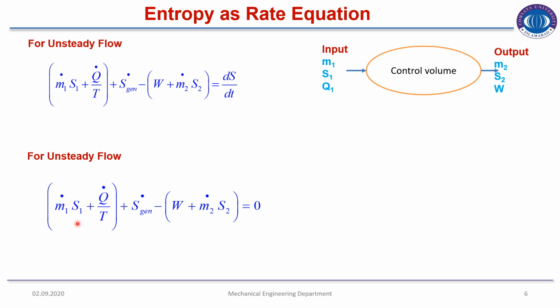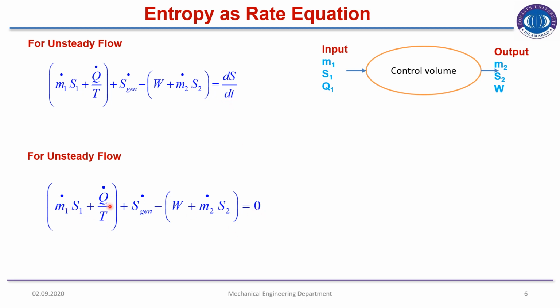Now for a steady flow system, there is no mass accumulation within the control volume. Therefore, the term on the right hand side that represents the rate of entropy due to the mass accumulation within the control volume is 0. So here dS/dt is 0.